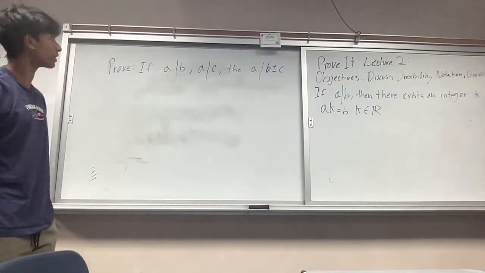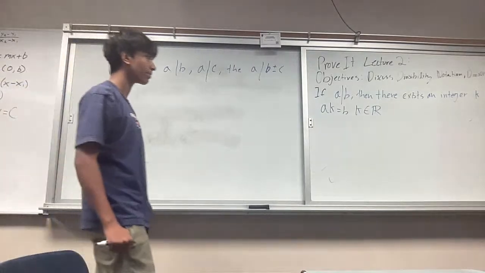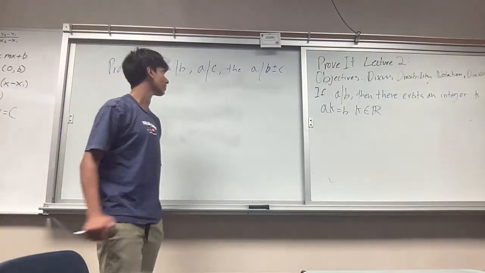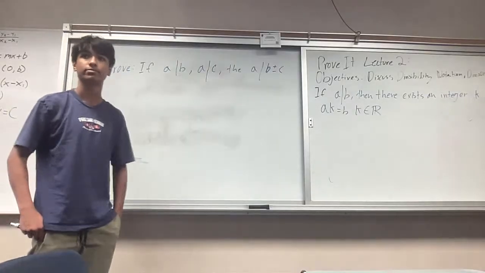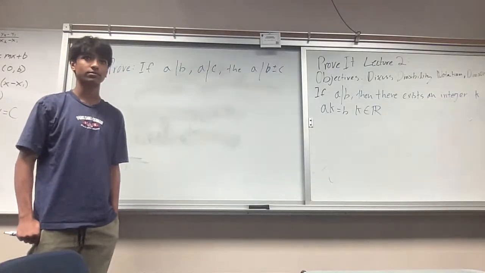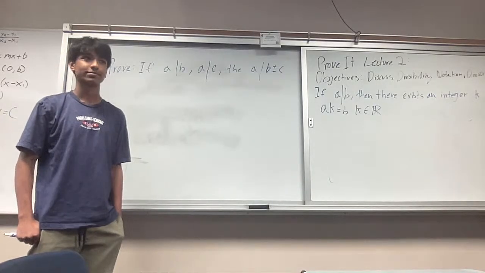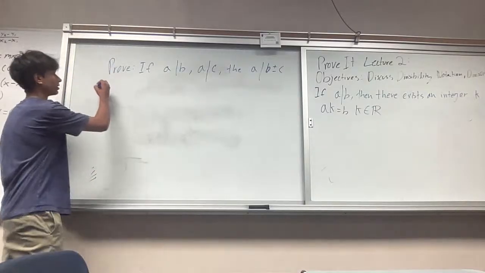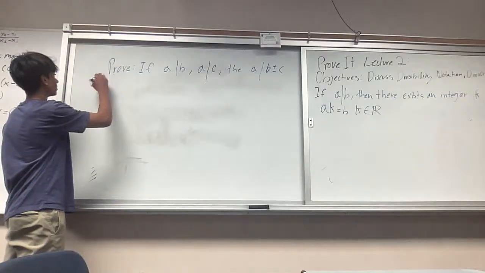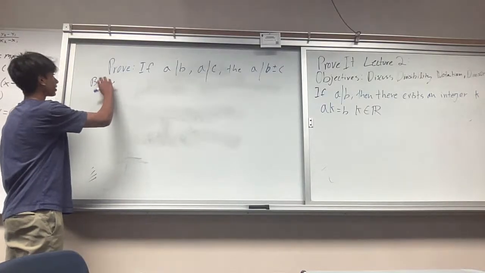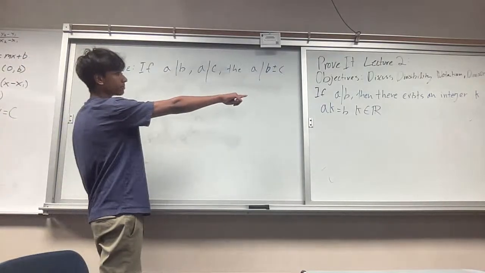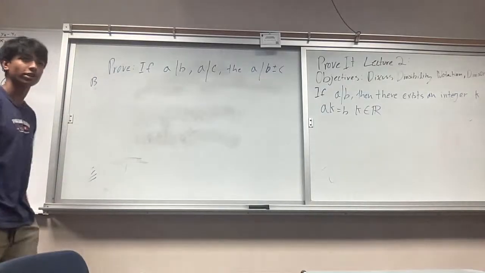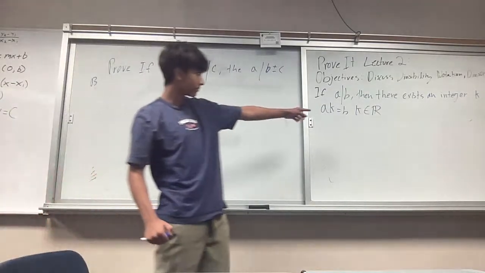Does anybody know how we can start? Recall from last time that the best way to start any proof is to focus on the definition. So what do we know about this definition? What can we try to expand on? Yeah, Shiva. By definition, if A divides B, then B is congruent to 0 mod A. Mod, okay. That's cool, but it's like this definition right here: A times k.